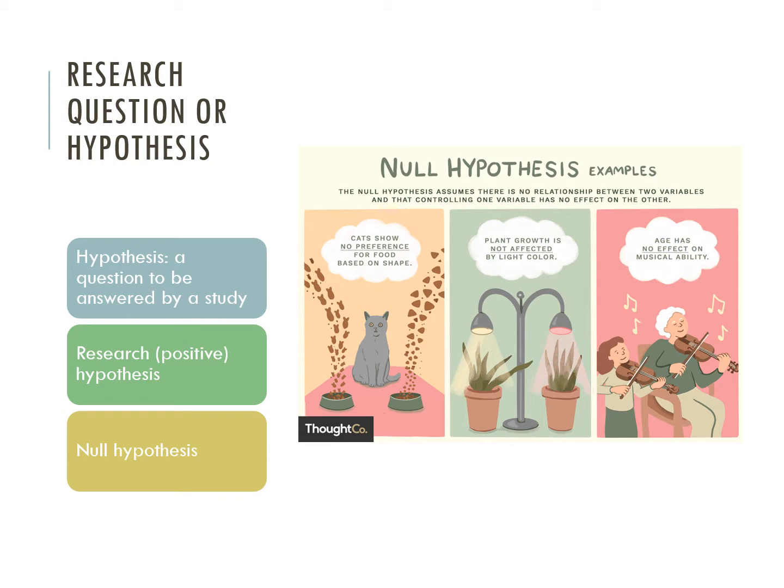Because in research, we go with the assumption that there's no association, or no significance, unless we prove otherwise. If we say there's no association or no relationship, it's stating the null hypothesis.